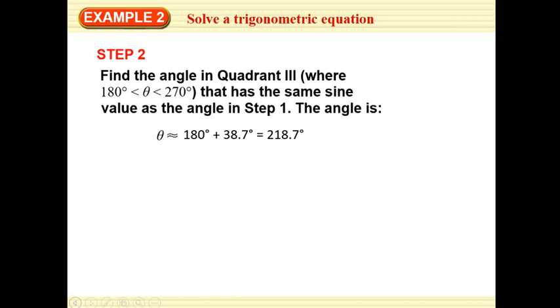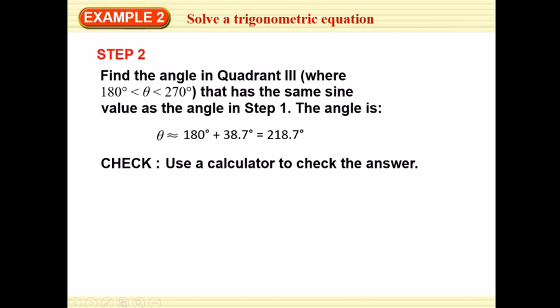So if I'm looking for that reference angle of 38.7 degrees, instead of having 38.7 over here, I want 38.7 over here, so I am adding 38.7 degrees onto 180.